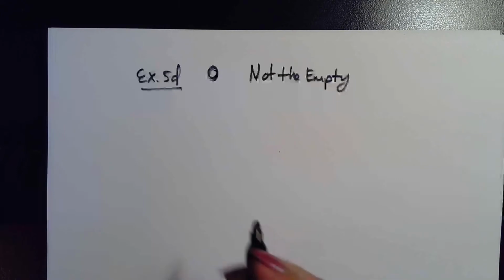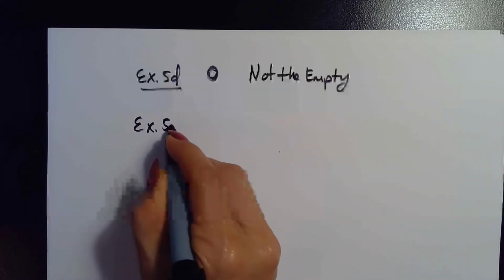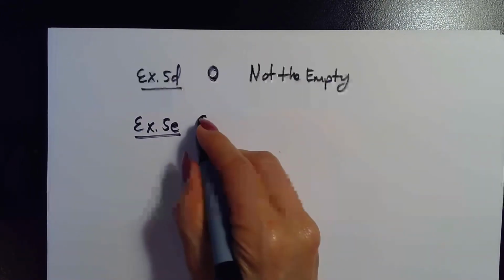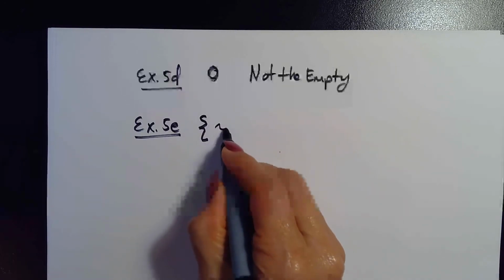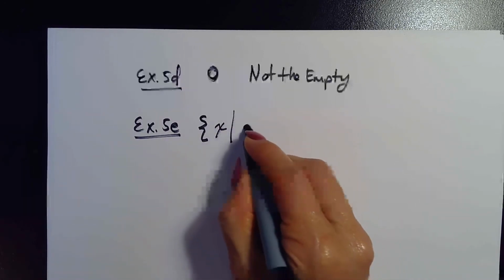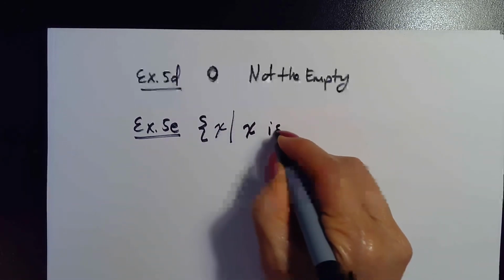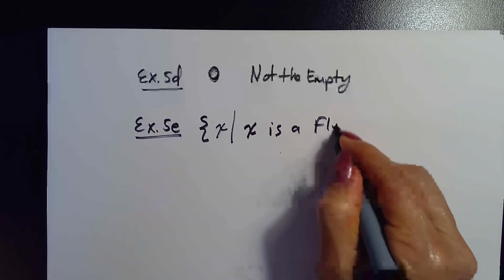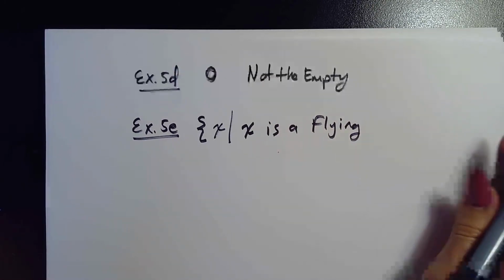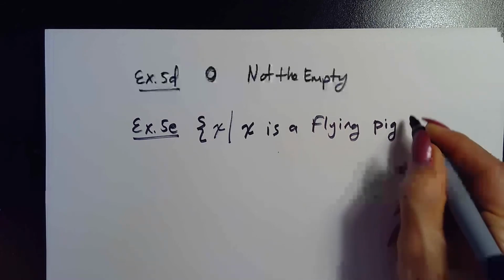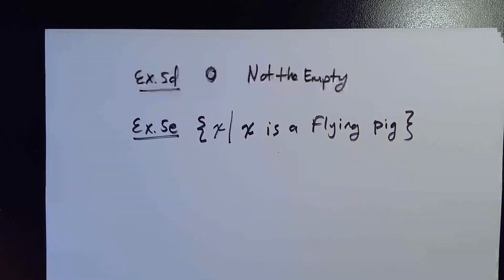Okay, now 5E. I had a lot of fun with this one. One time in one of my classes a couple of years ago, I had a student who claimed that this was not empty. But let's try to understand what this is saying.